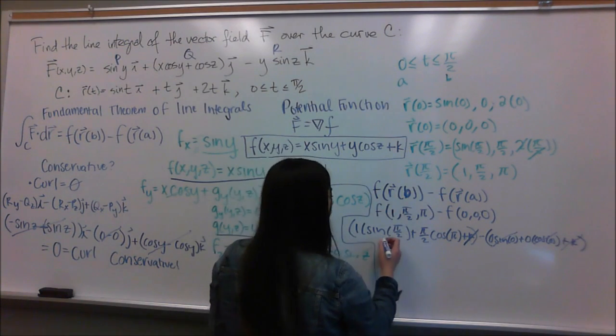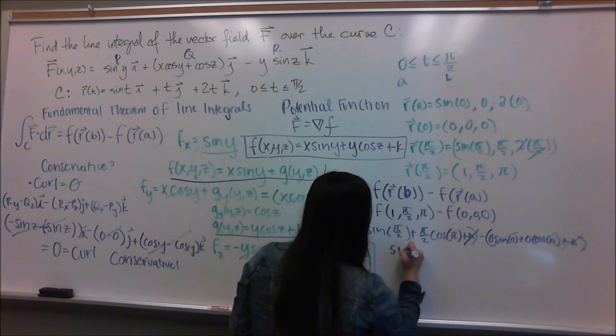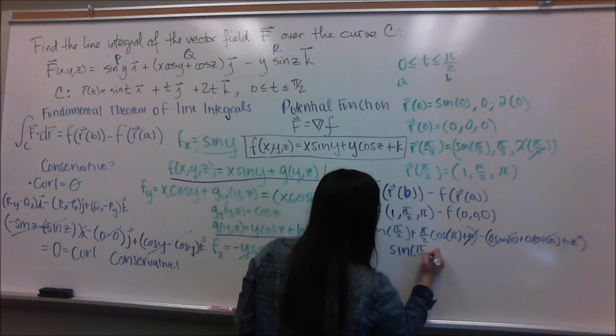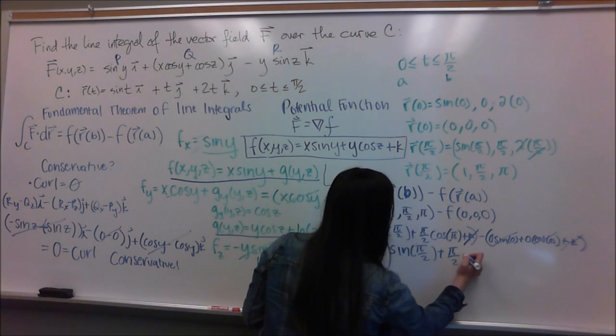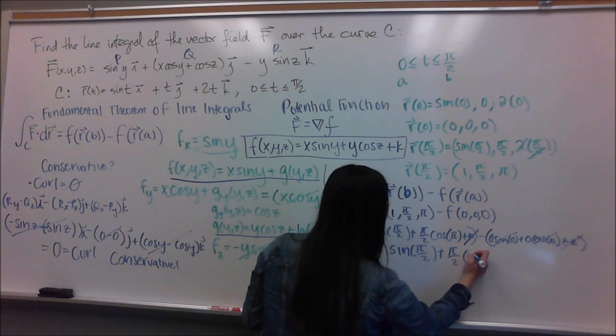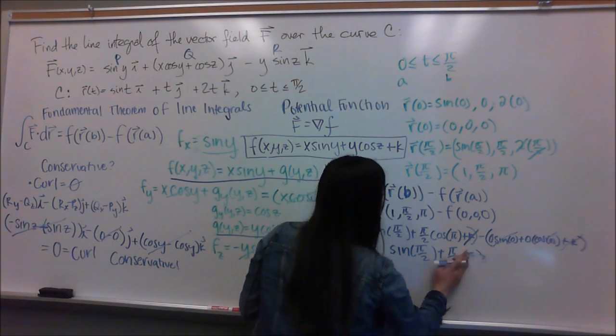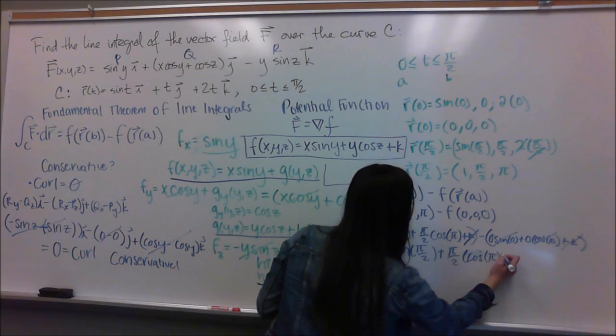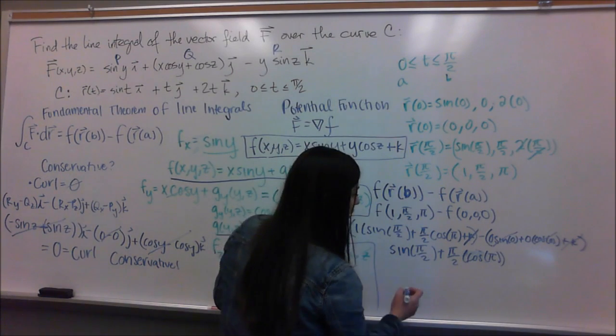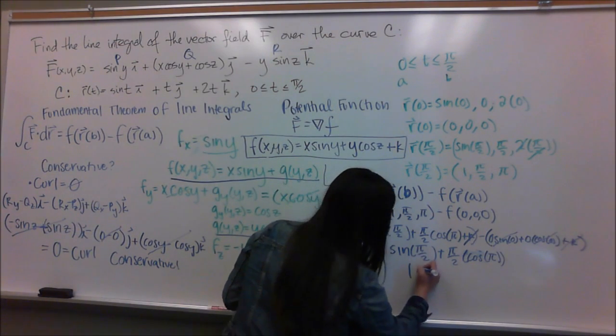So we just have sine of pi over 2 plus pi over 2 times cosine pi. Okay, so sine of pi over 2, that just equals 1.